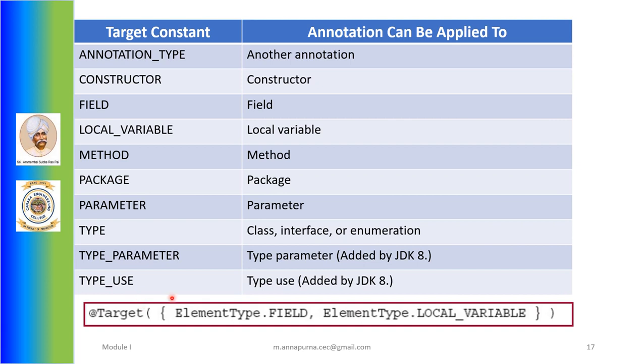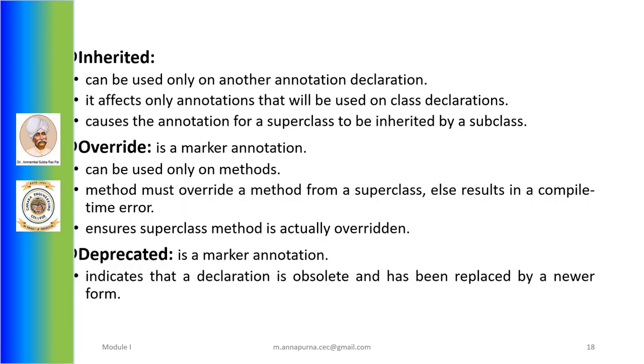If you do not use @Target, then except for type parameters, the annotation can be used on any declaration. Therefore, it is often a good idea to explicitly specify the target or targets so as to clearly indicate the intended uses of an annotation.